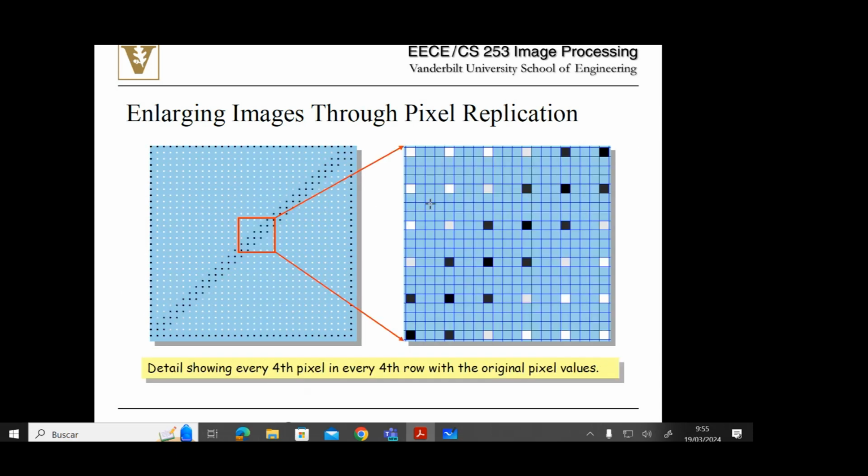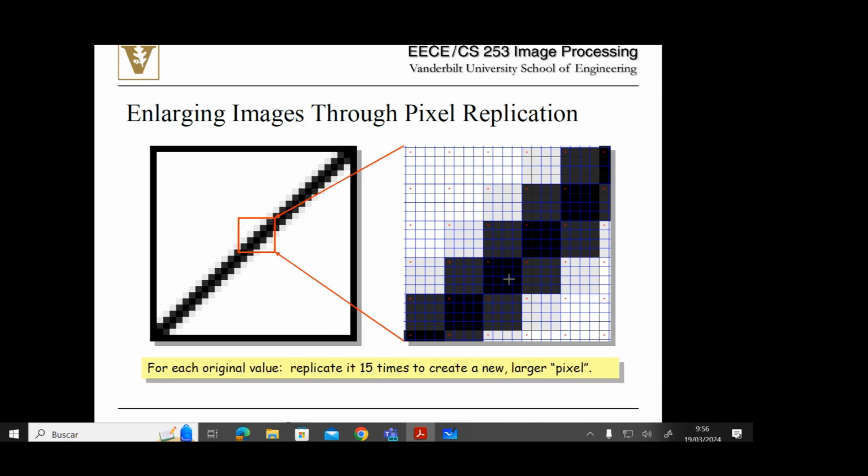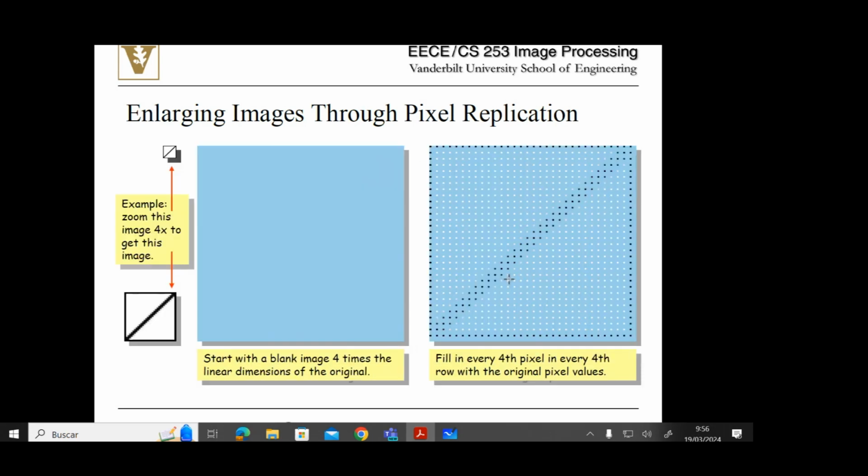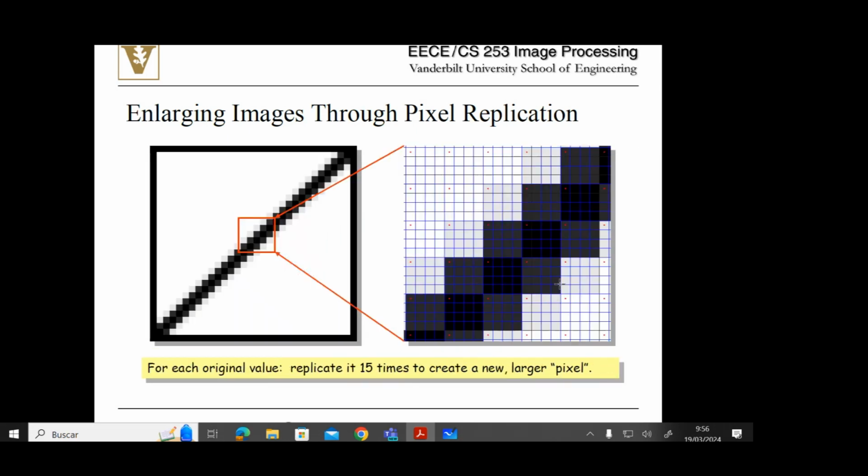Okay, so now let's zoom in there. We have a pixel, 0, pixel, 0, and this is not a good representation of the original. The original looks like this. The expansion looks like this, which is not a good representation. So now what we can do is just replicate.